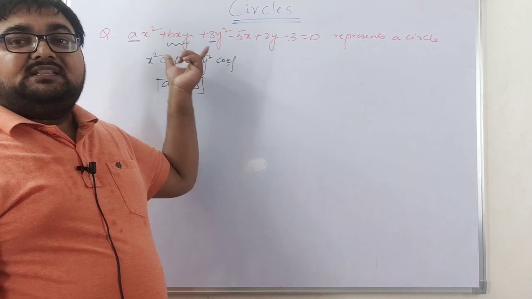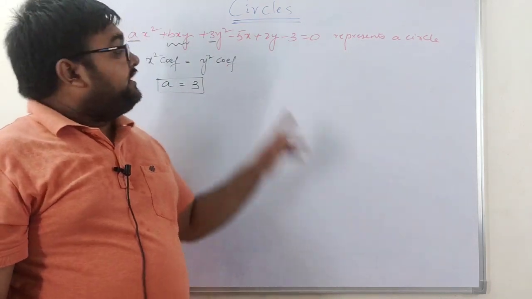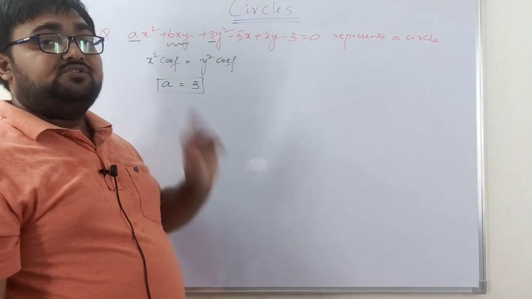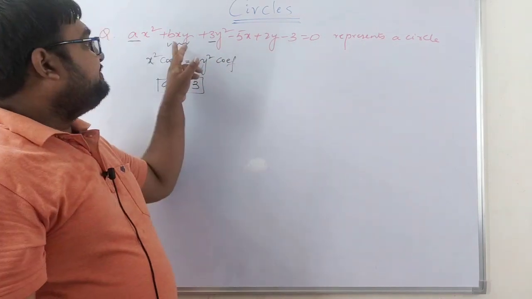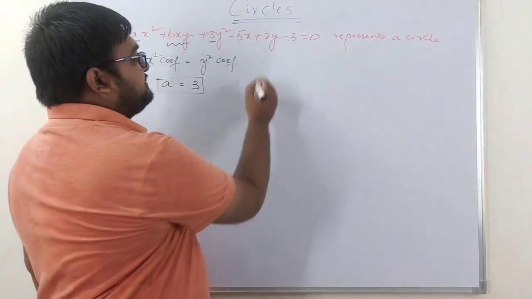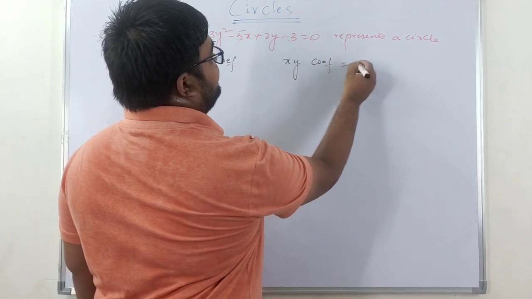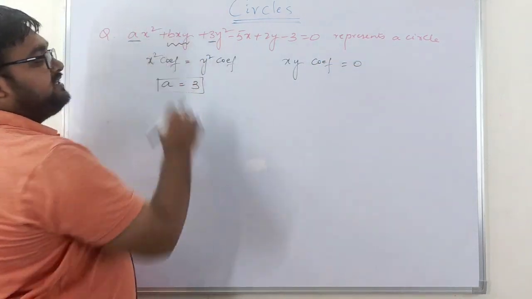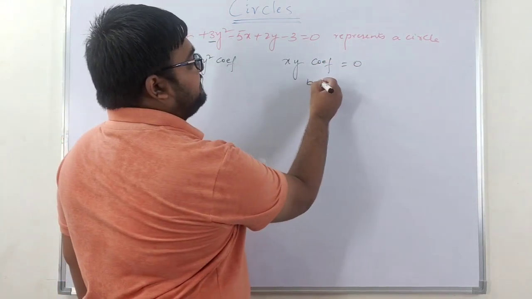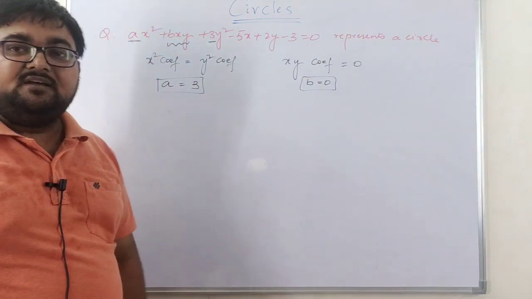To represent this second degree equation as a circle, its x square coefficient should be equal to the y square coefficient, and at the same time the xy coefficient should be 0. That means the coefficient of xy is equal to 0. What is the coefficient of xy? The coefficient of xy is nothing but b. So from this we have obtained the values of a and b.